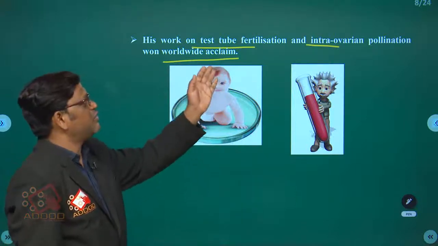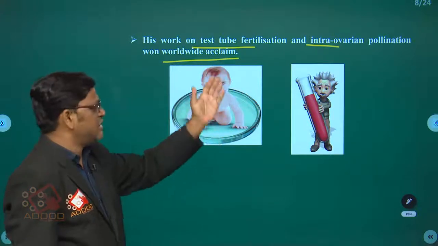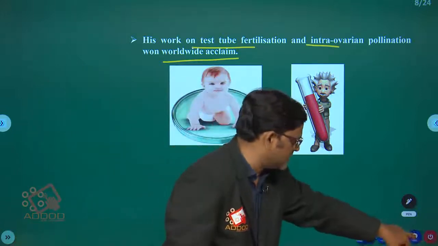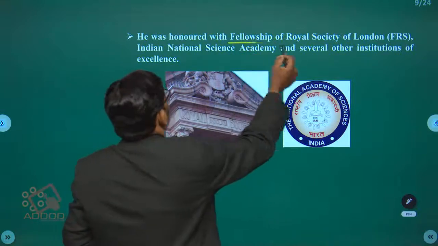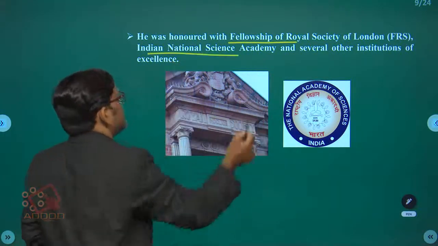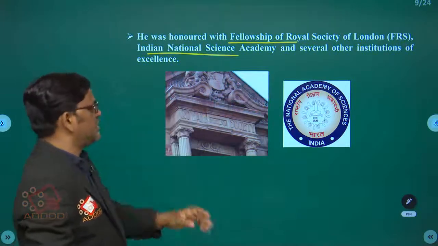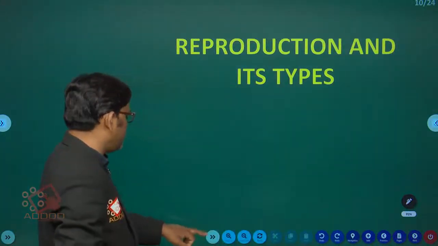He brought test tube fertilization in plants, and intra-ovarian pollination, which laid the foundation for test tube babies, the IVF technology. He was honored with the fellowship of the Royal Society of London, FRS, and is a fellow of the Indian National Science Academy, and a member of several other institutes of excellence. So you can say, a famous Indian embryologist.